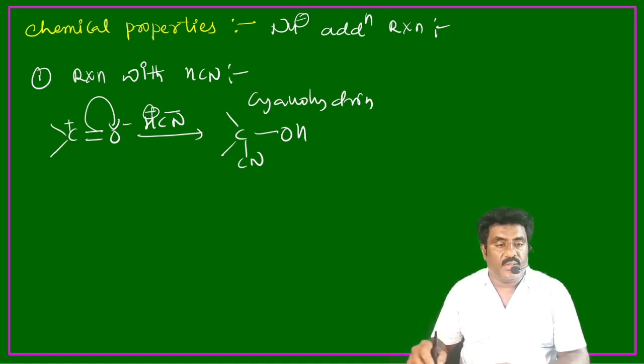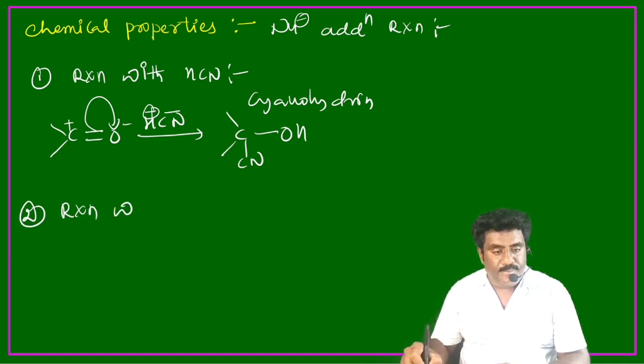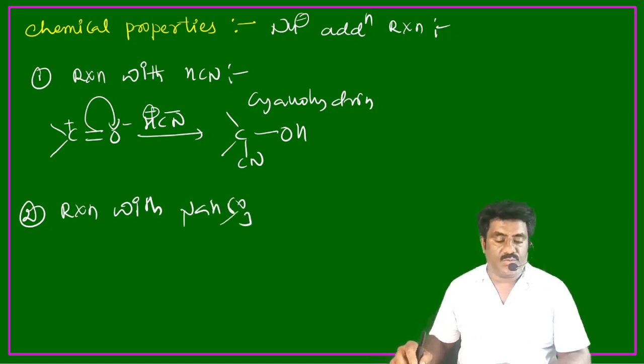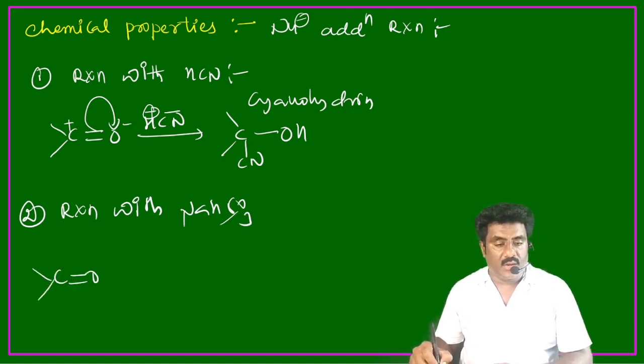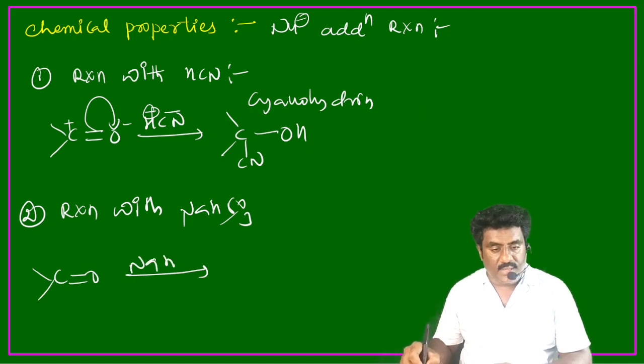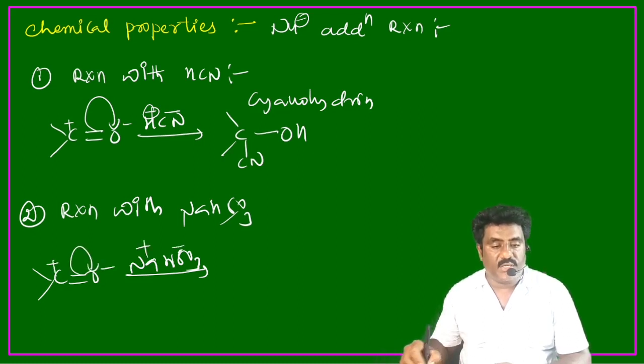Now coming to the second reaction, with NaHSO3. For example, a carbonyl compound in the presence of NaHSO3. NaHSO3 means Na plus and HSO3 minus, the pi bond is shifted, with positive and negative charges. What is formed?